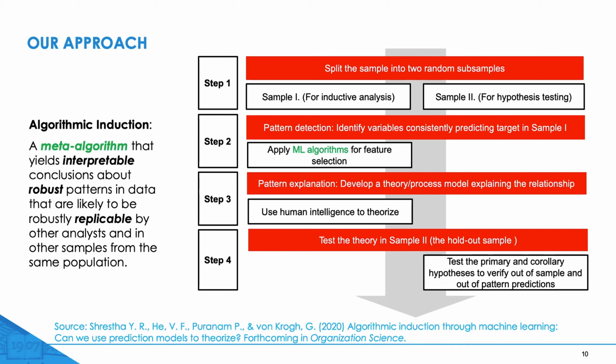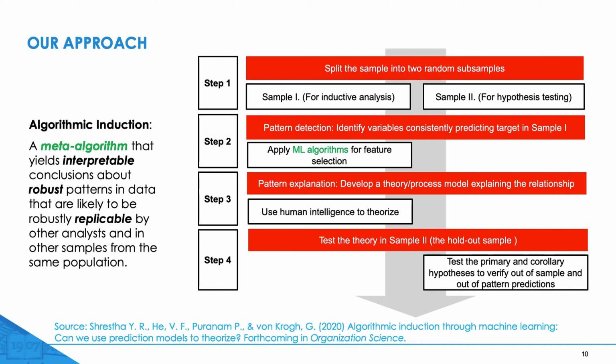And in step 2, it is where you could use machine learning algorithms for feature selection. So in this step, you do the pattern detection and identify variables that will be consistently predicting the target variable in sample 1. And step 3, that is the pattern explanation.